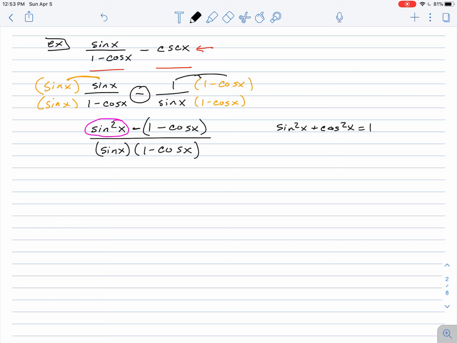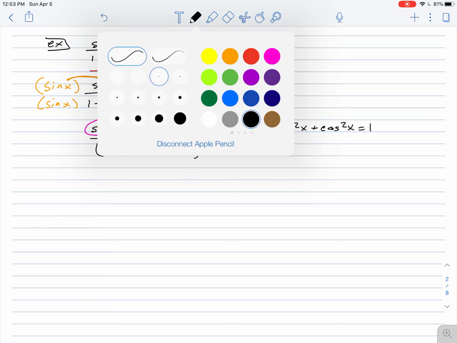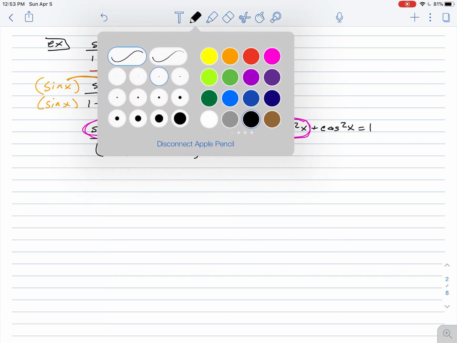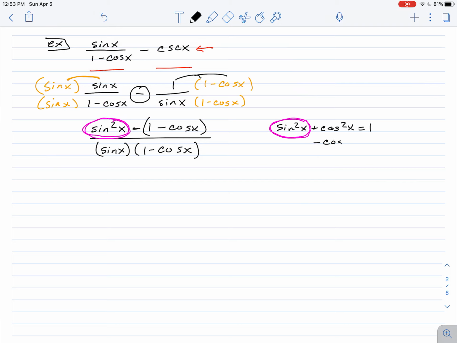And if I want to use that, I look at what's in my equation. So I've got this pink circled sine squared, and then I go over to my Pythagorean identity and I circle that and I get that by itself. So over here, I'm going to subtract cosine squared x.